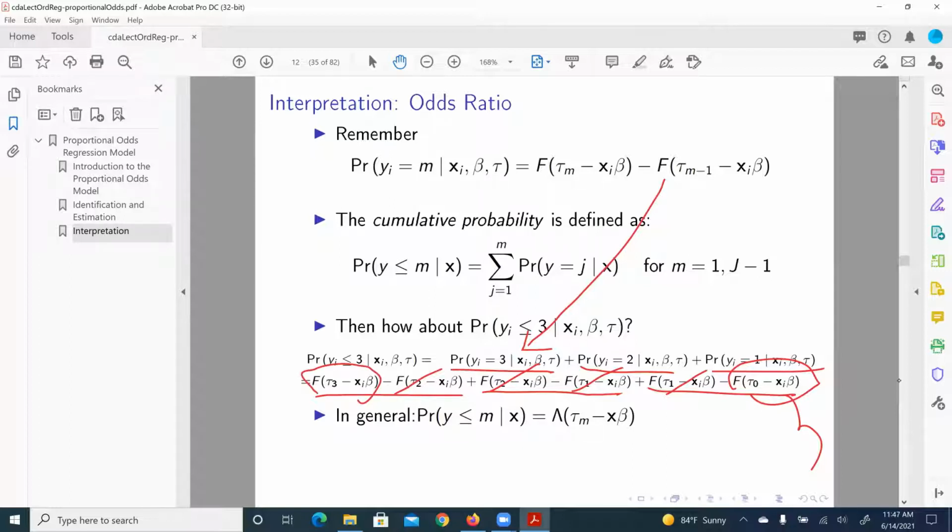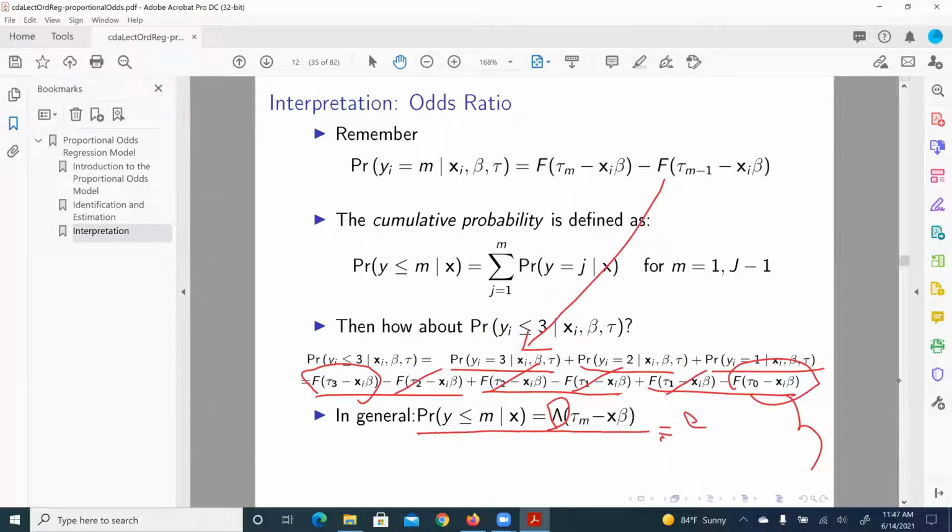To generalize, the probability y smaller or equal to m, that is the cumulative probability, is simply a single cumulative density function term. And if we're talking about ordered logit, then it is lambda. The lambda function basically goes like this, okay? So anything within lambda is going to become what?